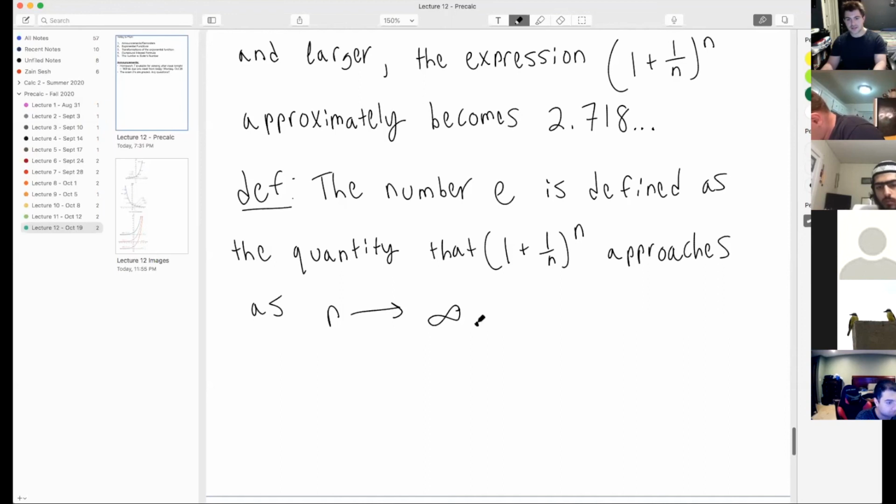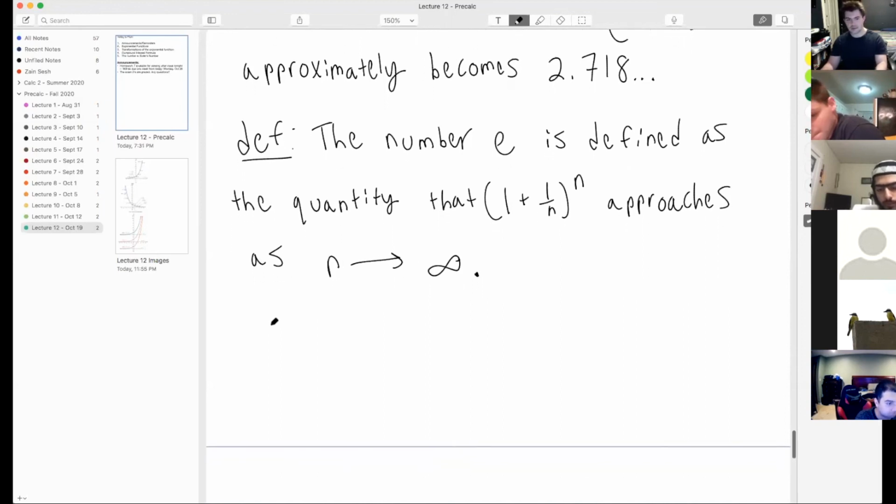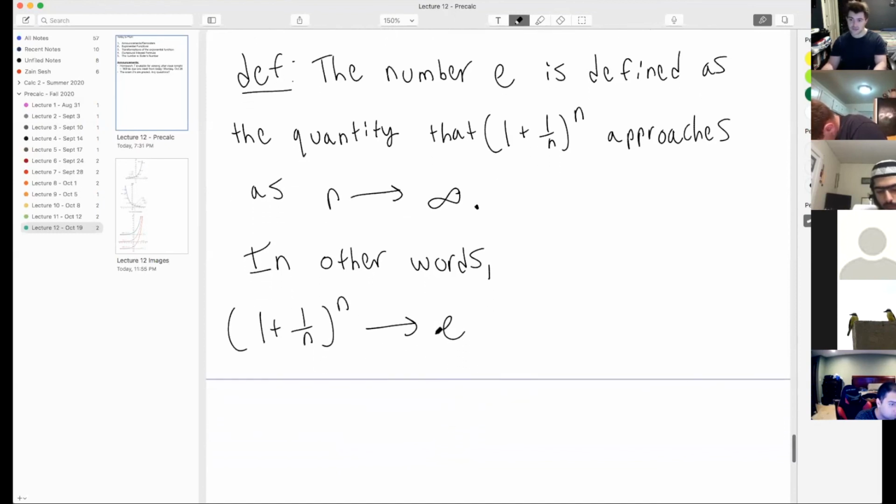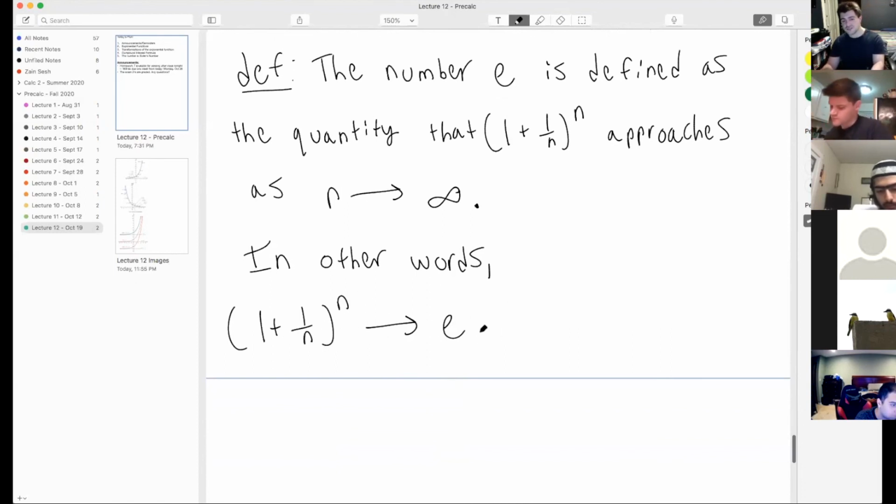All right, so now let me rephrase this in some other way. In other words, this quantity, 1 plus 1 over n to the nth power, approaches E. I hope you remember this notation from the end behavior of polynomials. In other words, 1 plus 1 over n to the nth power approaches E as n goes to infinity.